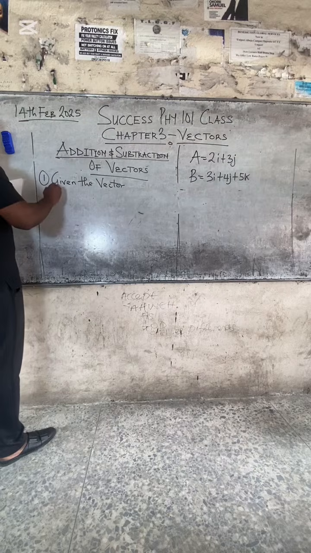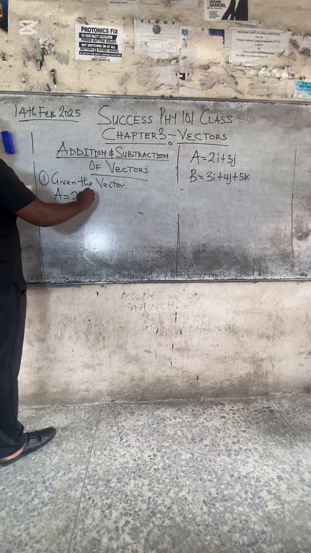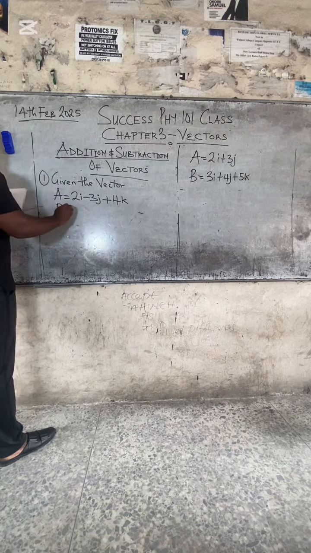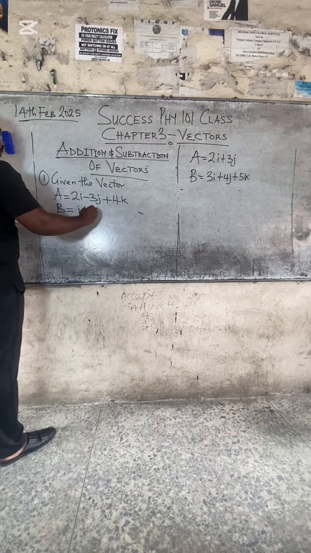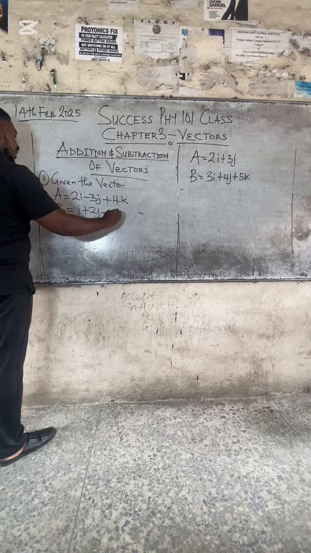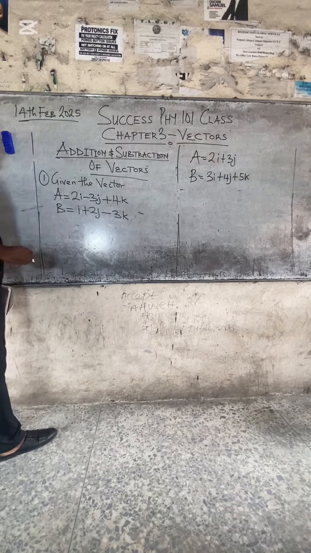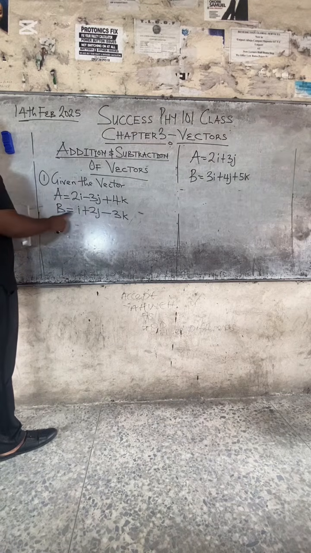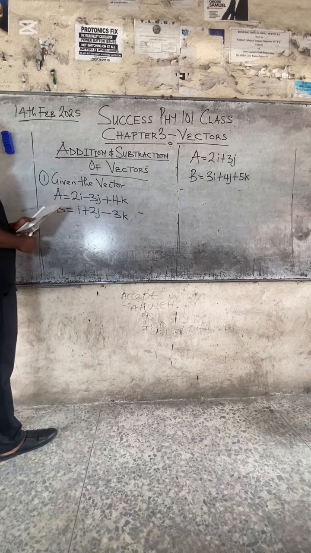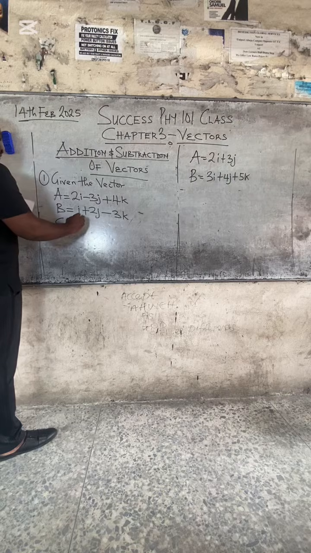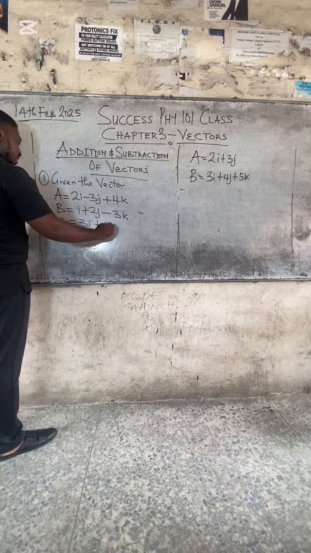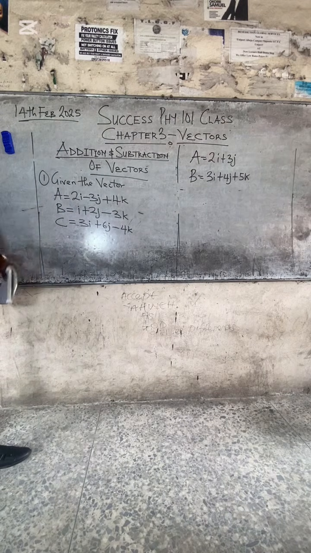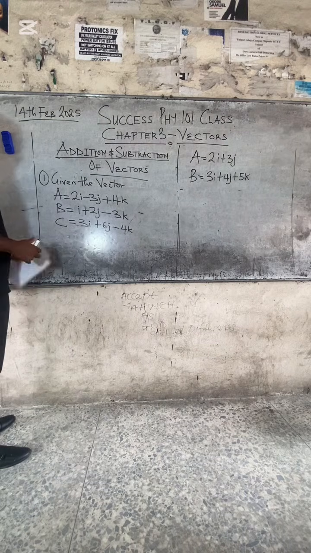Given the vectors A equals 2i minus 3j plus 4k, B equals i plus 2j minus 3k, and C equals 3i plus 6j minus 4k.